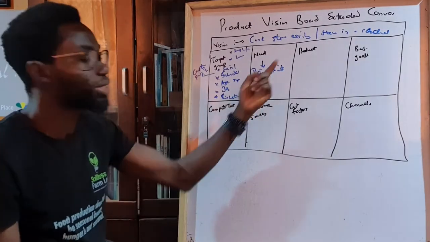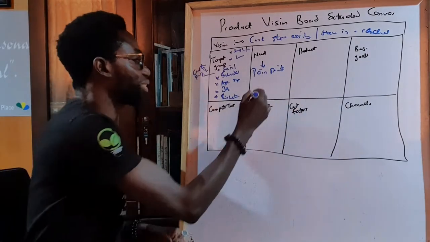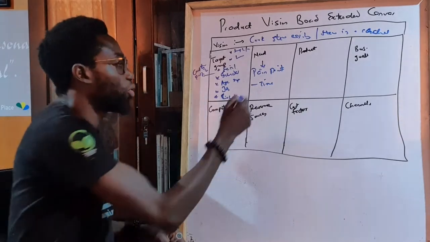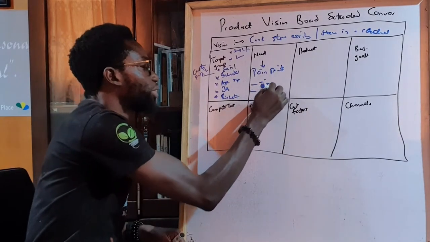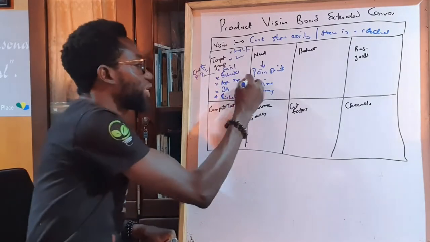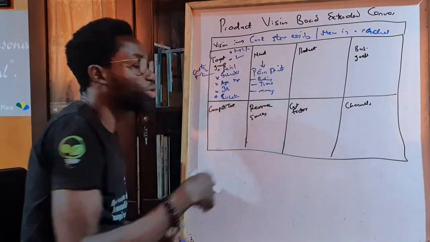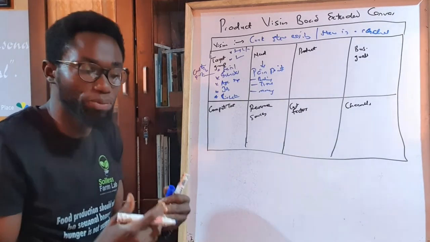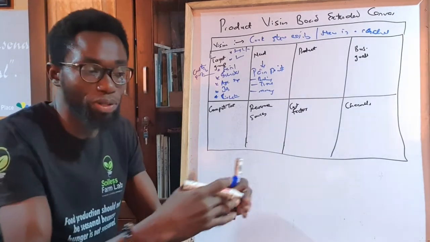So what is the pain point? Is their pain point time? Are they trying to save time? Or are they looking for something that is cheap, they want to save money? Or is it that they want to be able to say, we also use this product, we belong? Is it a thing of, we want to be able to say, this is why we belong to this group?